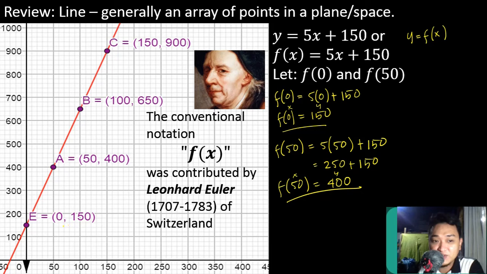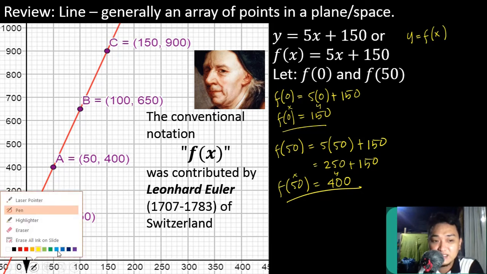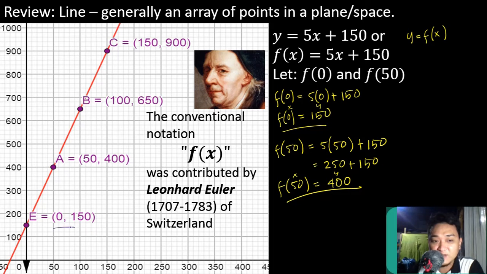So ito po yun. Palitan natin yung kulay natin, ha. So ito po yun. Plotting this point, and then connecting those points, you now have the graph of this linear equation. Y is equivalent to 5x plus 150. Pwede rin natin siya isulat in another way.